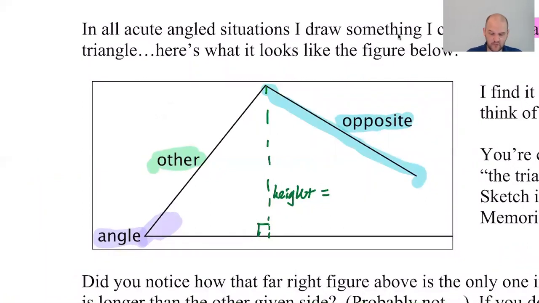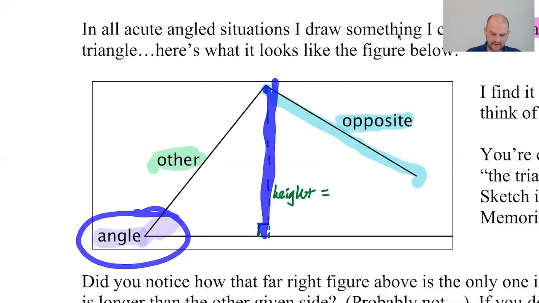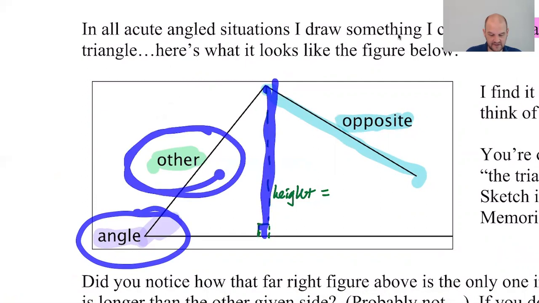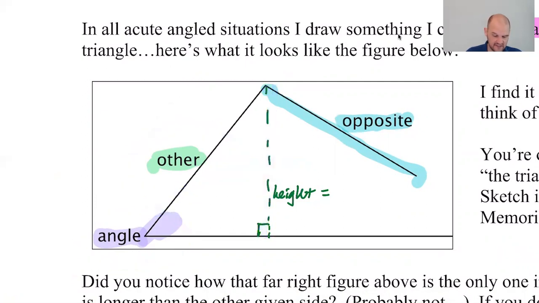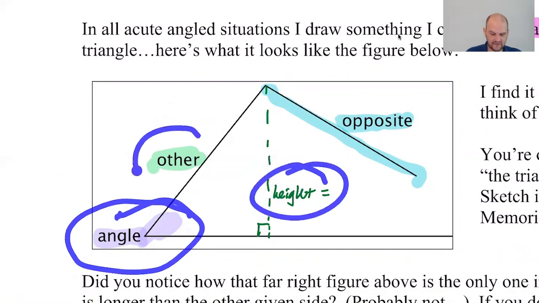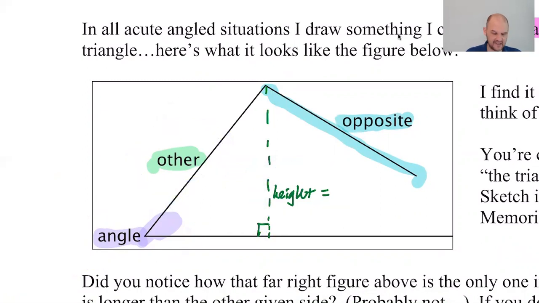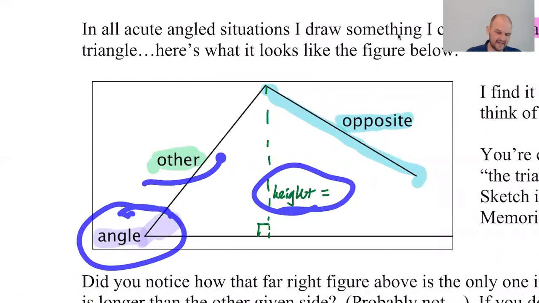So if you look at what we know, an angle. We want the side opposite the angle, and we know the hypotenuse of this right triangle. So it seems like the sine of the angle is the height over the other given side, which means the height is going to be the sine of the angle times the other given side.